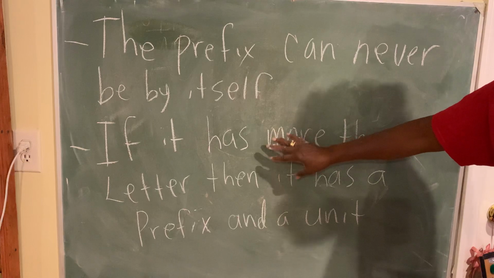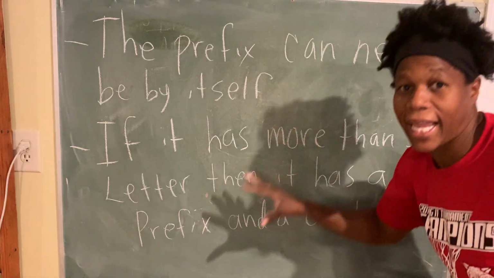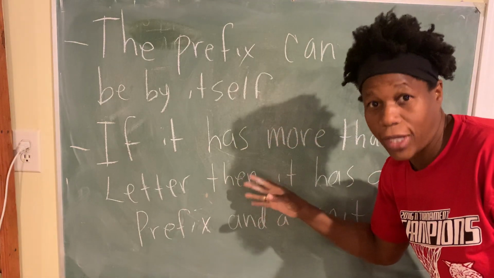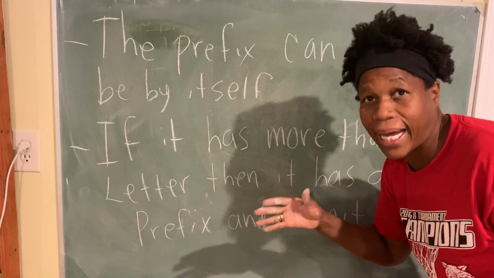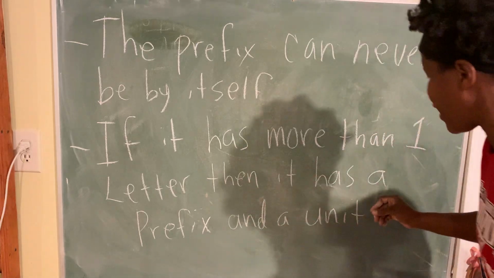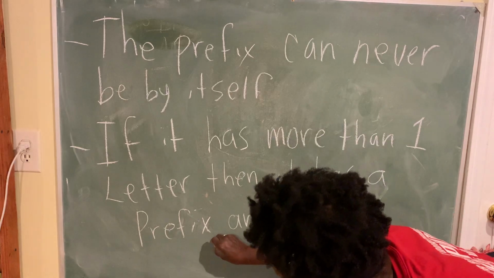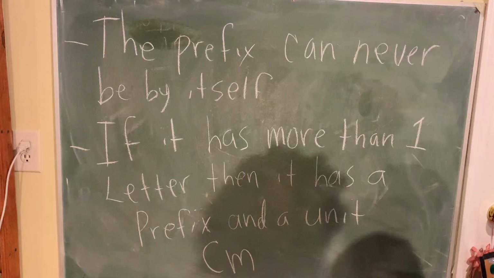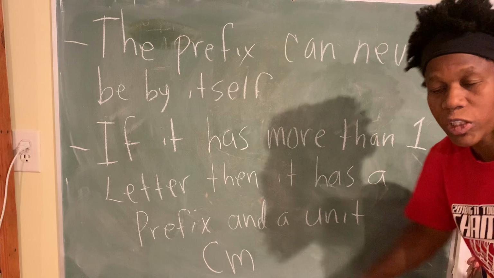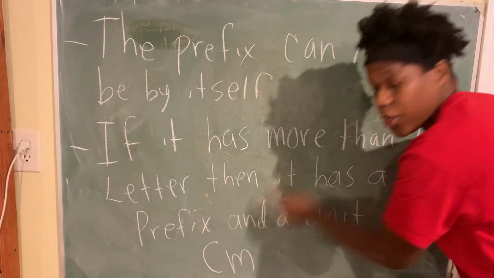It's very important to understand that. That means when I am abbreviating my symbol, if I have a CM, it has more than one letter, which means that I have a prefix and a unit.